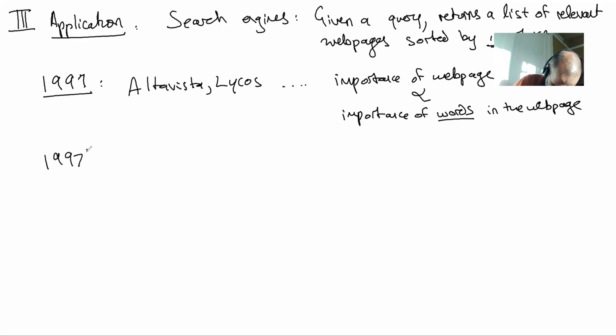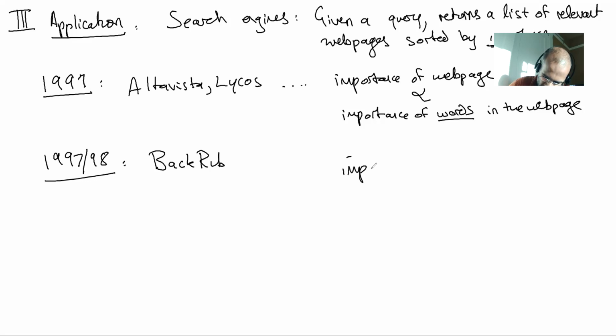Then in 97, 98, there was a startup called Backrub, which had the following nice idea: the importance of a web page should be proportional to the importance of the web pages linking to it.